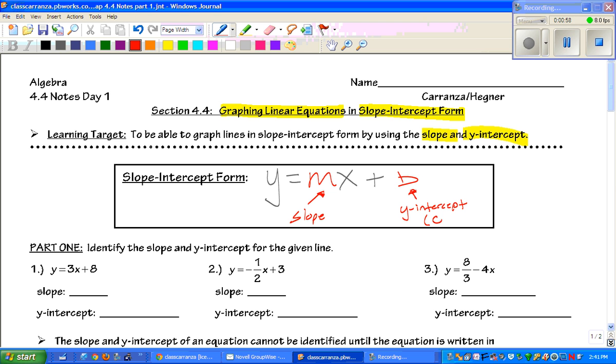And the y-intercept is the point (0, b). They're real creative with the name, because when you look at it, you can see what the slope and the y-intercept are, and you can go directly into graphing. Whereas before we had to do the table of values and plug all that stuff in, we will no longer have to do that.